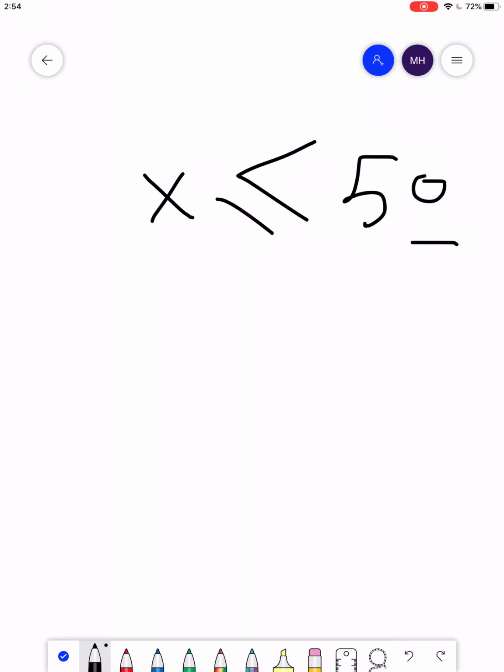Now if I say you should bring money with you, this money should be not more than 50, this means less than or equal 50. So I write x not more than 50, so less than or equal 50.